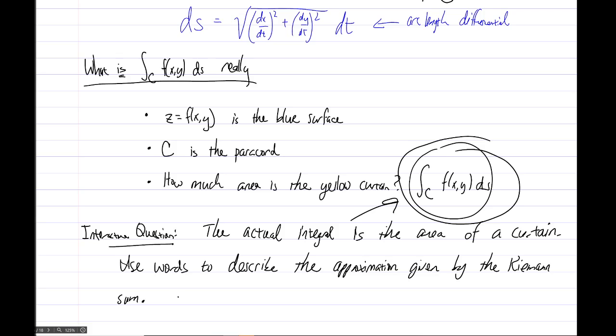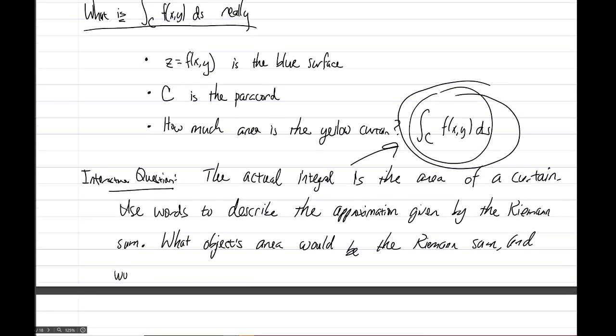Just to say this slightly differently, what object's area, maybe I'll have to pick several objects altogether, but what object's area would be the Riemann sum and would closely approximate this thingy here, the actual area, the actual curtain area.